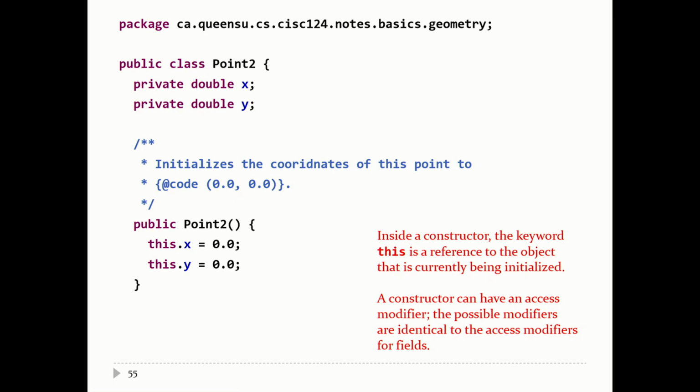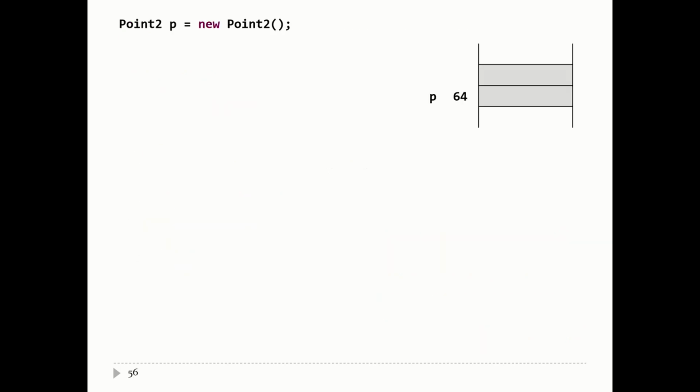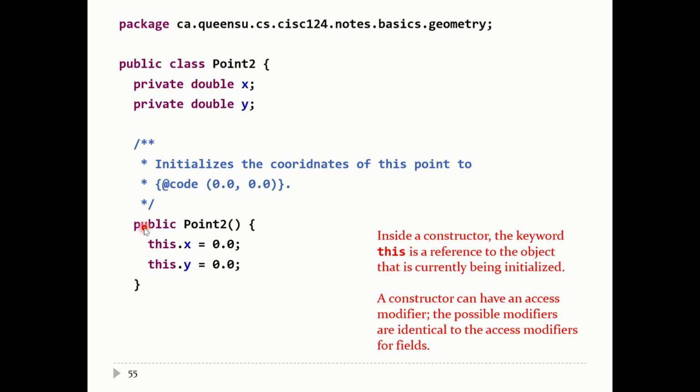You're allowed to have an access modifier here. The choices are public, protected, package private, and private. A public constructor means anybody can use this constructor. Now I want to set x to 0 and I want to set y to 0.